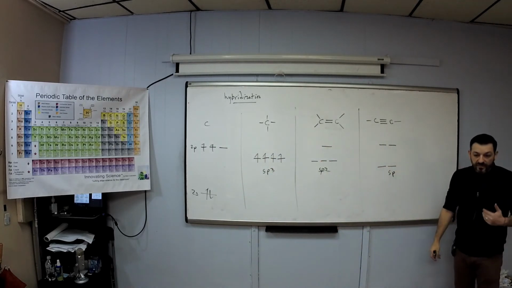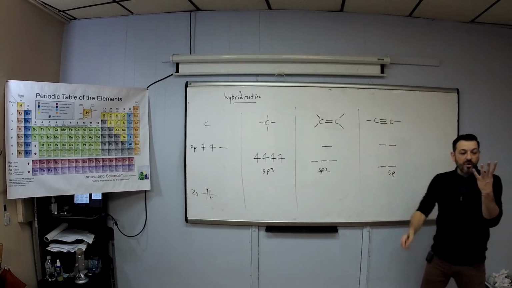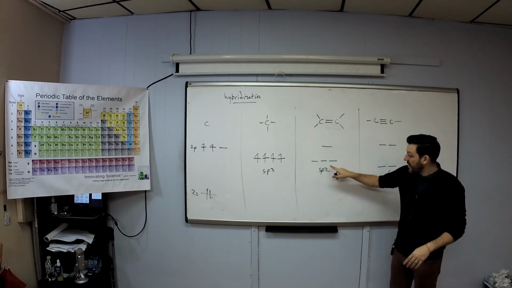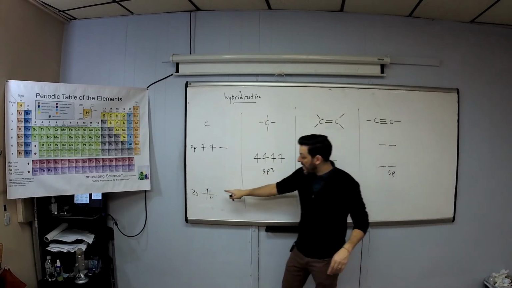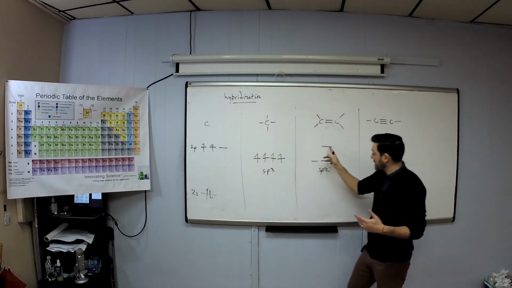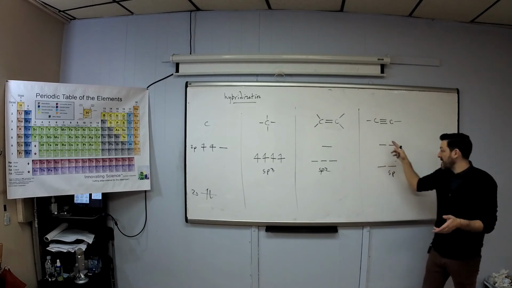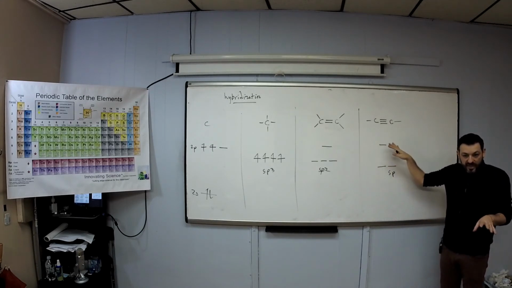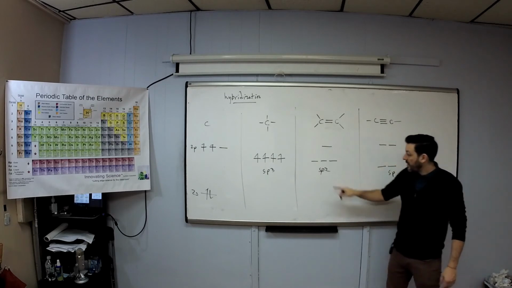Is everybody in the room with me? If you've got 4 orbitals, s, p, p, p, and you hybridize the sp, you still have p and p left over. Let's say the sp2 is s with px and py. That means the pz didn't hybridize, so this is still the pz. And here maybe it's the pz and the px, or the pz and the py, or the py and the px. Whatever two didn't hybridize, they stay.